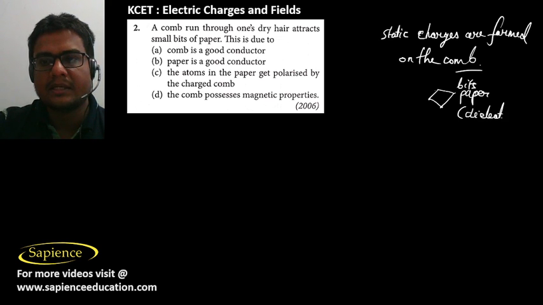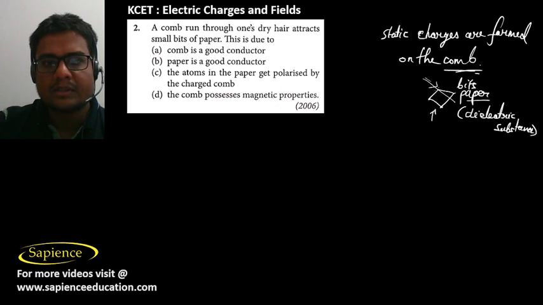When the charged comb is kept in front of it, some electric field acts on the bits of paper. So the atoms in the paper will get polarized.